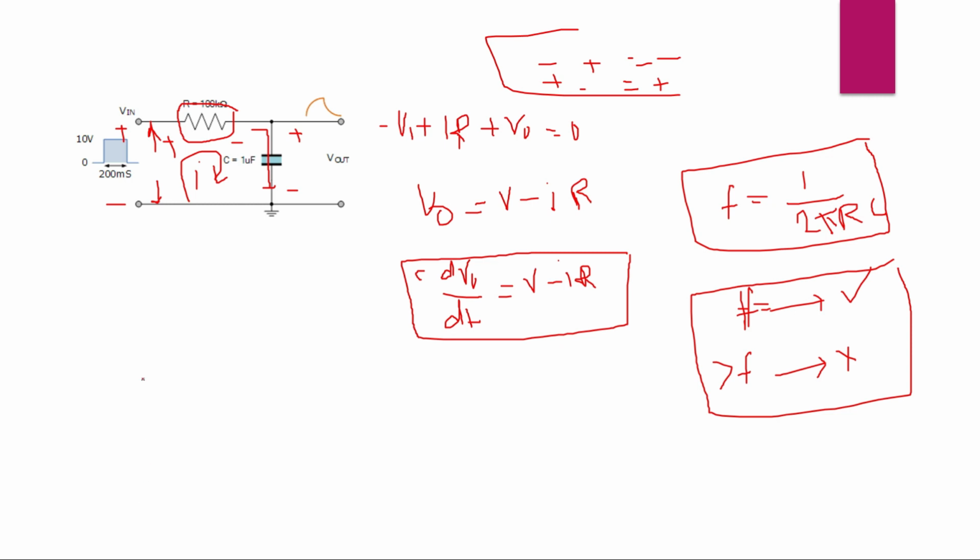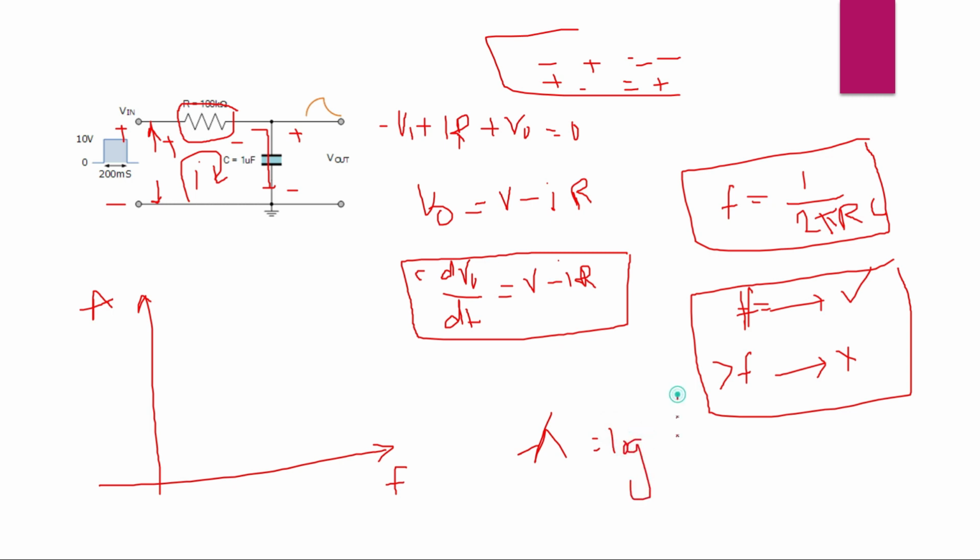So what is the response of the system when it is acting as a low pass filter? We draw a graph of frequency versus gain. Gain is output by input, so if you take the logarithm in decibels, A equals log of V naught by Vi.